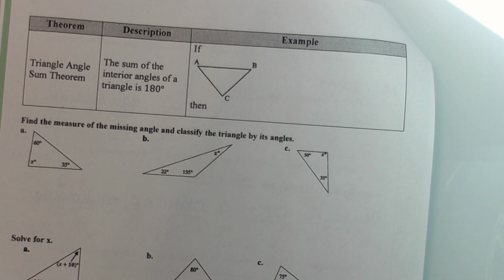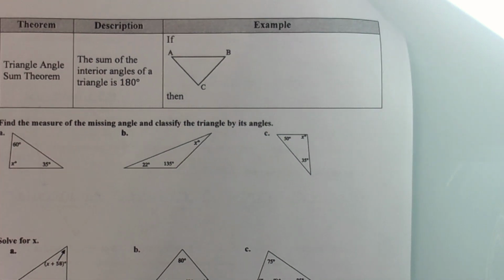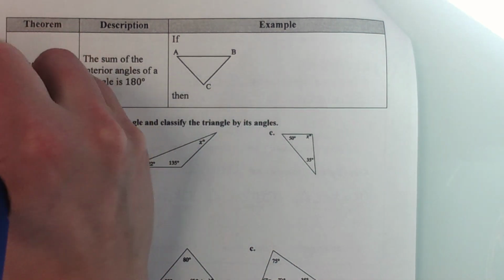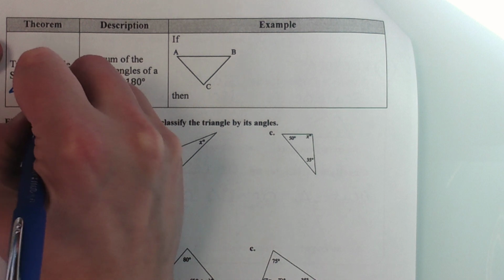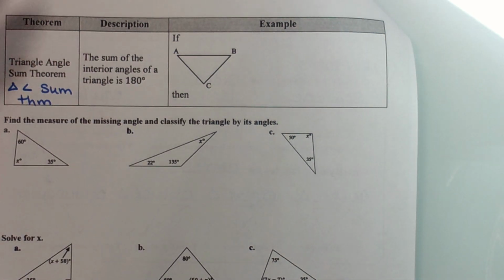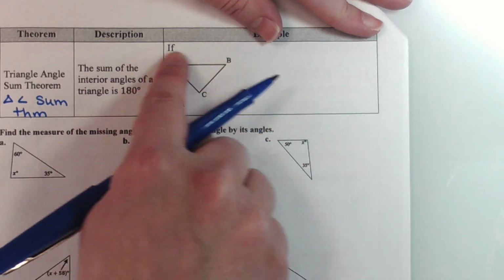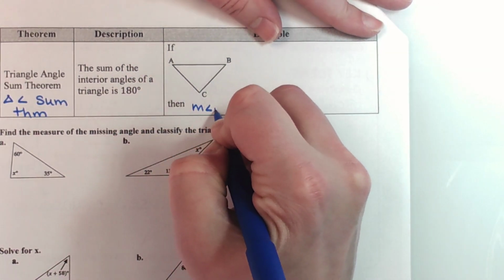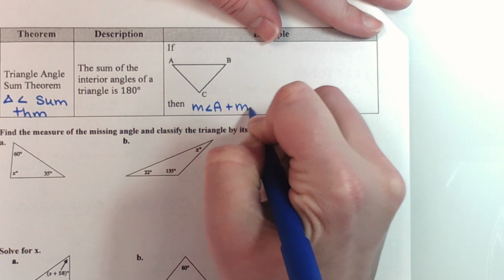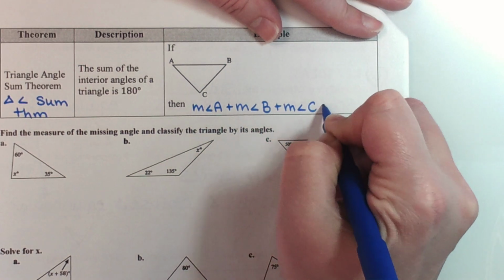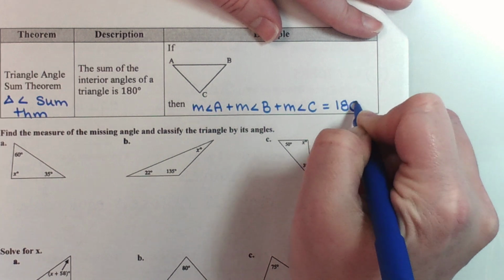Triangle angle sum theorem says that the angles inside of a triangle must add up to 180 degrees. So, if this is my triangle, the measure of angle A plus the measure of angle B plus the measure of angle C has to be 180 degrees.